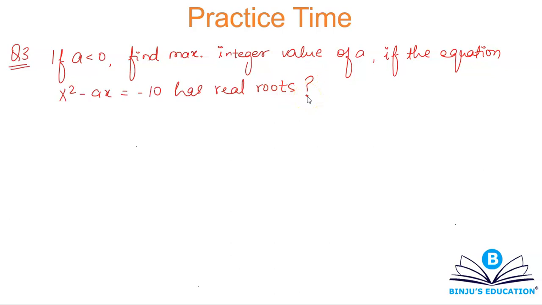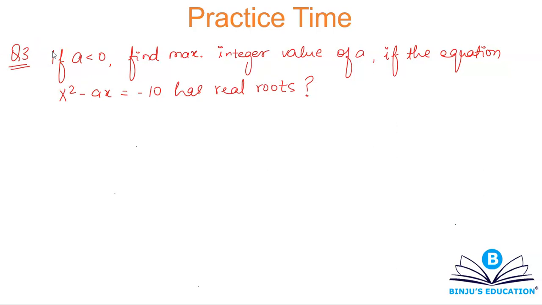If a is less than 0, then you need to find the maximum integer value of a if the equation has real roots. So pause the video, try the question yourself, then play back the video in order to understand how to solve this particular question. Alright, let's see how we can solve this one.